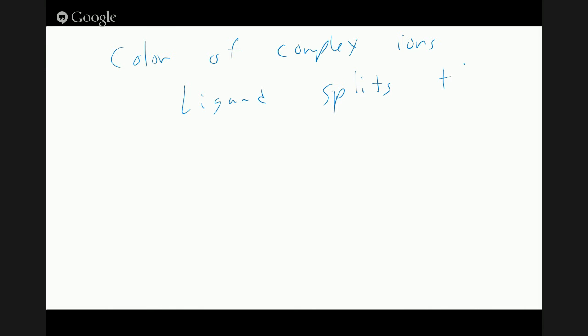It says, could you explain the factors that affect the colors of complex ions? So if I want to talk about the colors of complex ions, essentially what happens is the presence of the ligand splits the d orbitals.